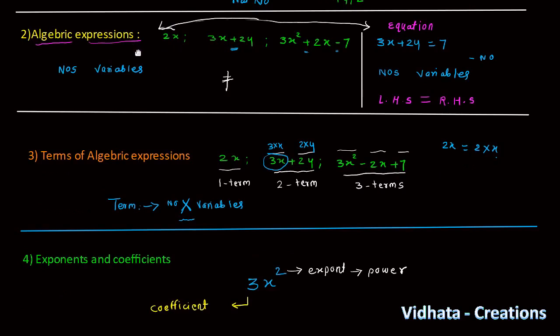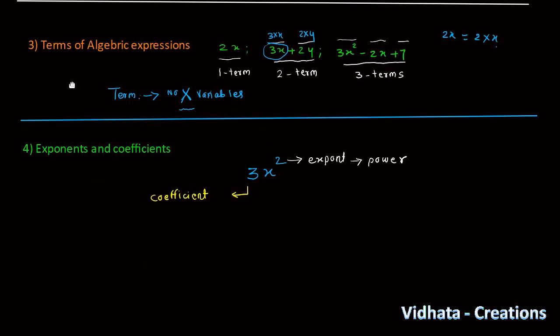What is meant by algebraic expression? Algebraic expressions contain numbers and variables, and they may be in addition or subtraction with each other, but the equal to sign is absent. In the algebraic expression, there is no equal to sign, whereas in equation there is equal to sign.